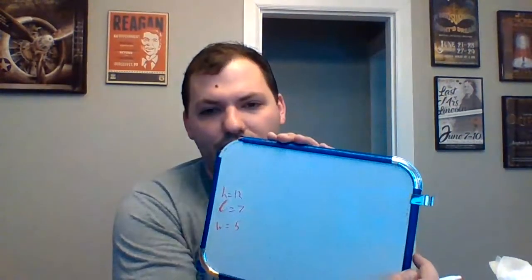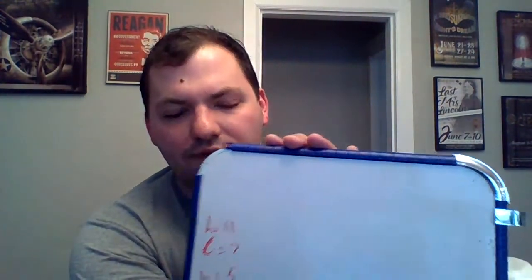Okay, so I got 12, 7, and 5. So I keep going, and I have surface area equals 2 length times width plus 2 length times height plus 2 height times width.